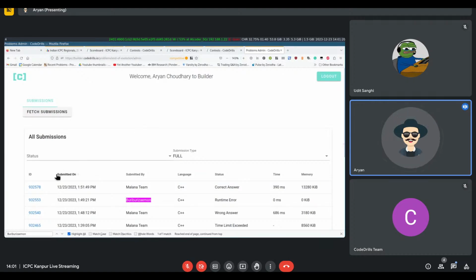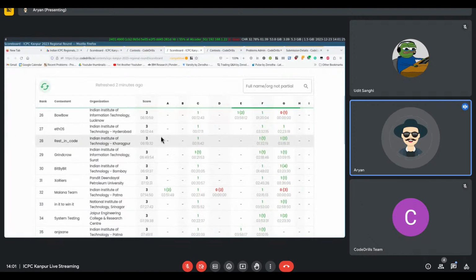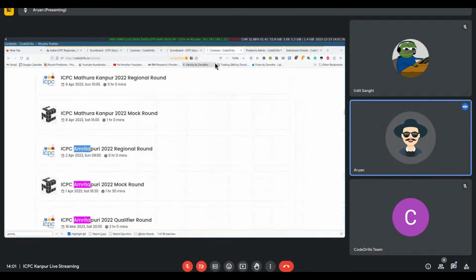The Malana team looks like they just got an AC on it. Okay, the Malana team had already solved it, that's why they are at 32. We were supposed to look at the mod messages solution for the Malana team, right?